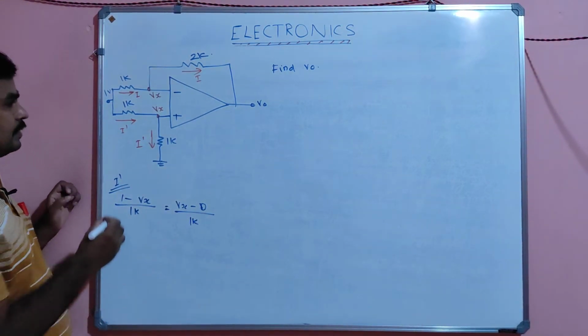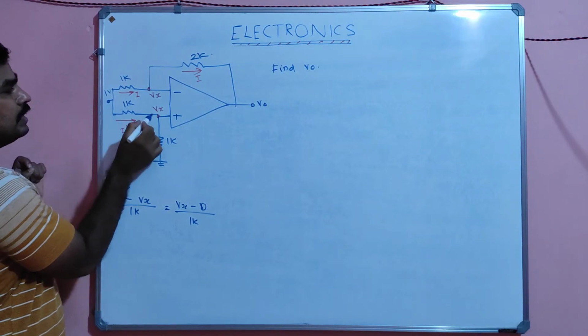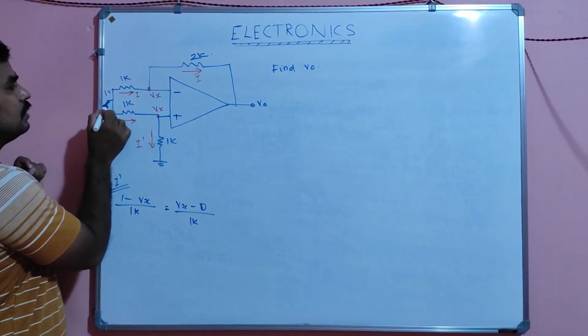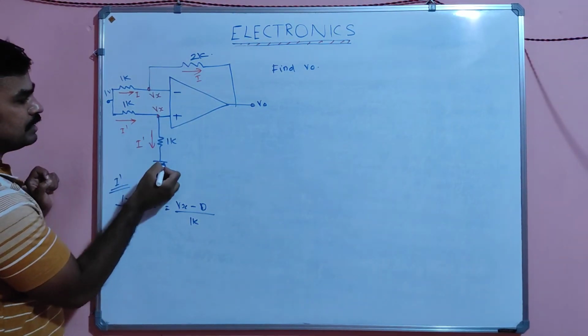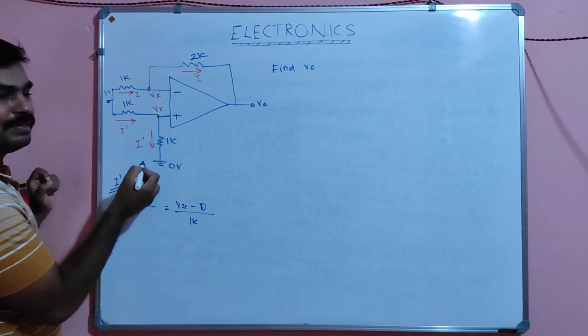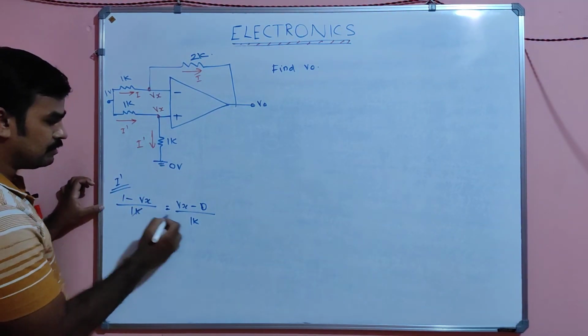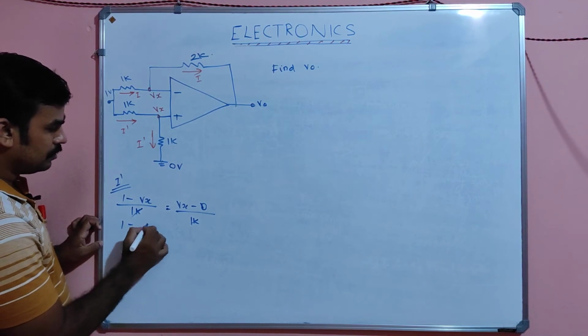The current in this loop means this end voltage minus that end voltage divided by resistance. So 1 minus Vx by 1k equals Vx minus 0 divided by 1k, as this end is 0 volt. The 1k cancels, so I can write 1 is equal to 2 Vx.